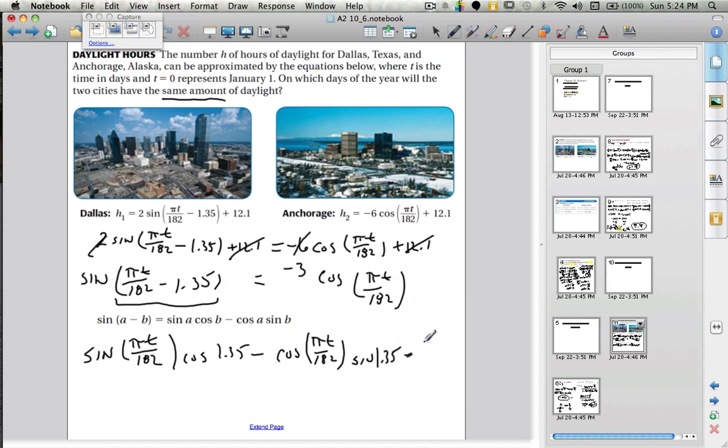And that's going to equal negative 3 times the cosine of pi t over 182.